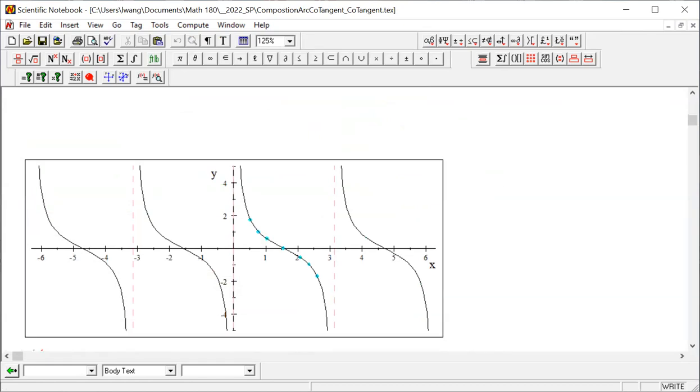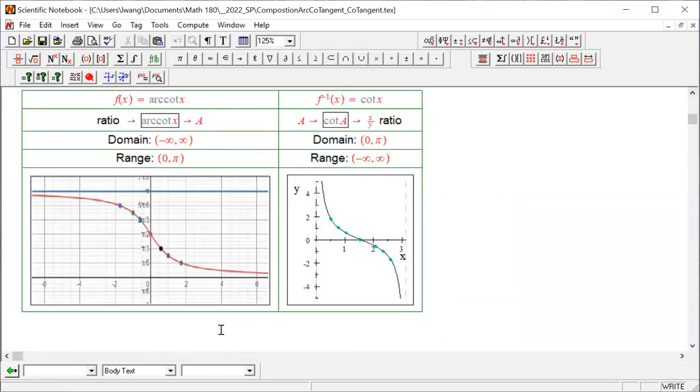For these two functions that are inverse to each other, for any one-to-one function F and its inverse, F inverse.